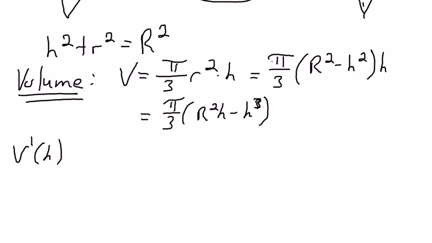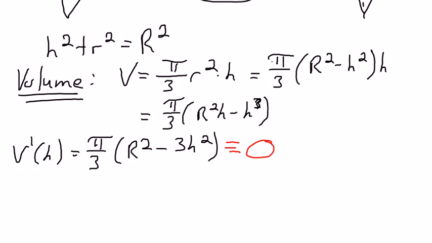Taking that derivative with respect to h will leave us with this equation right here, and then that must be equal to 0. So what we have to do now is figure out when this will be equal to 0. It's clearly when this piece right here will be equal to 0.